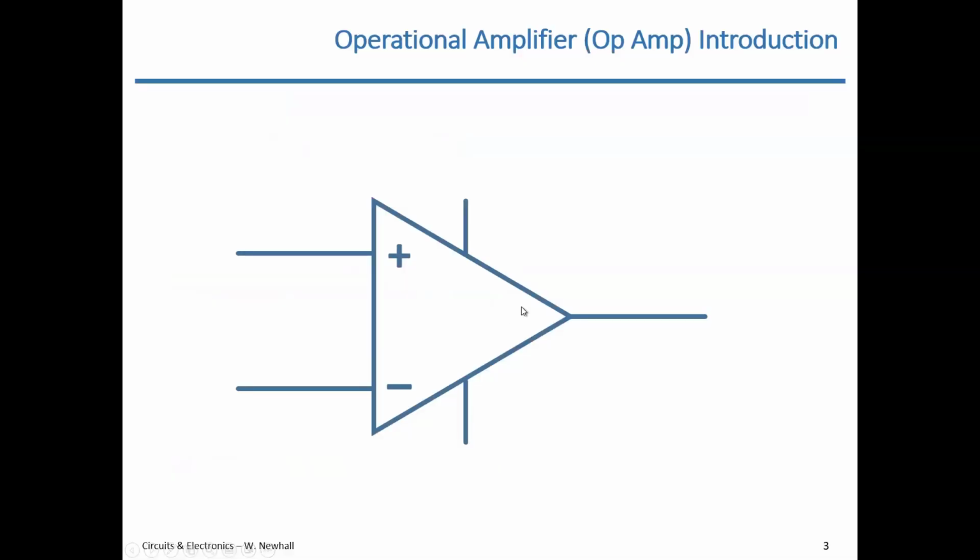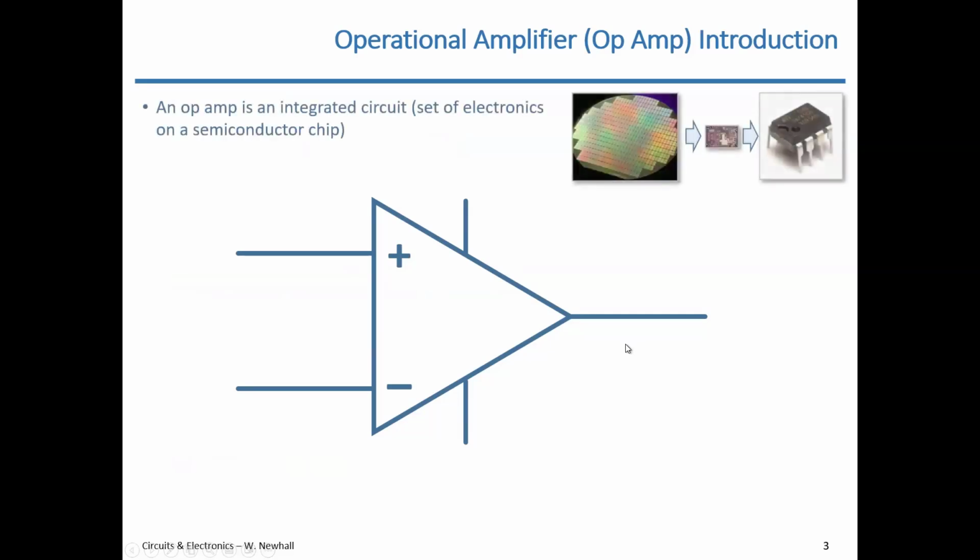All right. So let's bring up the op amp portion. Operational amplifiers. So this is the schematic symbol of an operational amplifier. An op amp is an integrated circuit. It's a set of electronics like transistors and other devices that you could buy in discrete packages, but instead these are all integrated onto a semiconductor chip.